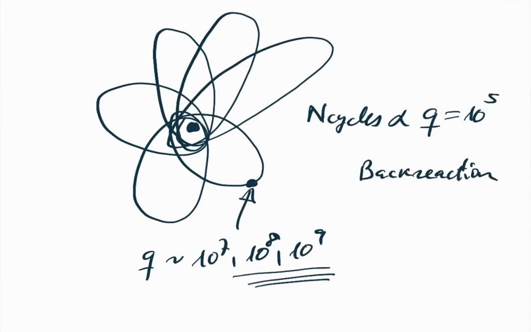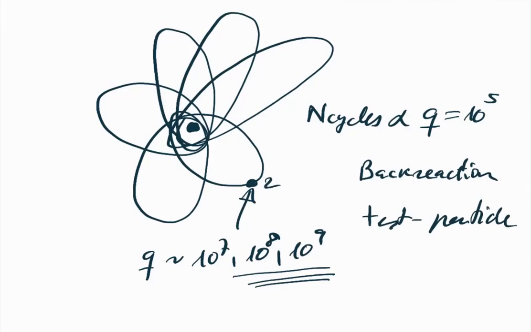Because in this test particle regime, the orbit of the second compact object becomes more and more like a simple and easy geodesic.